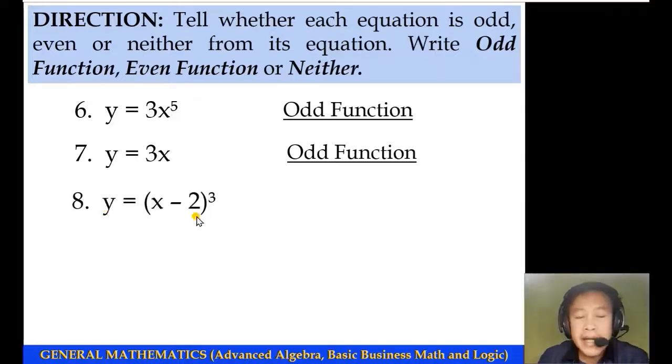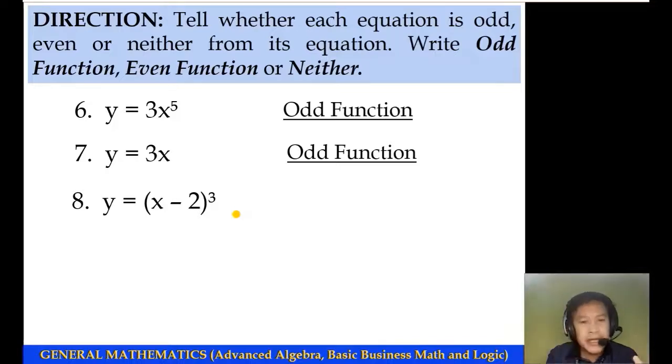And number 8. Now, this is a cubic function, therefore the graph is a curve with a point of symmetry. But the point of symmetry is not the origin, and this is never an odd function, because if we expand this particular equation, this will result in a function with 4 terms.